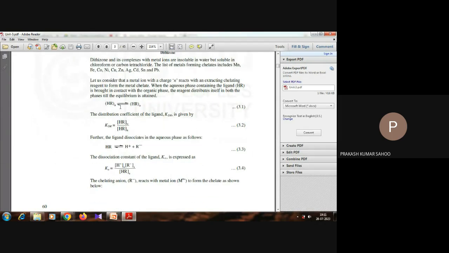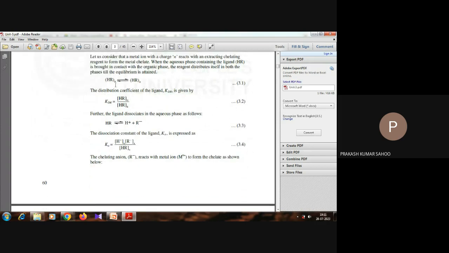Then these are the reactions in aqueous phase and organic phase, and this is the distribution coefficient. Always remember, the organic part is the numerator and aqueous part is the denominator. Do not write the opposite thing. Do not make any mistake.